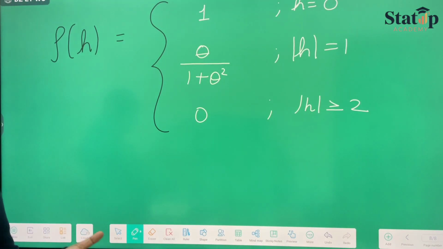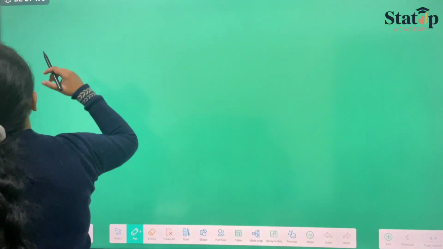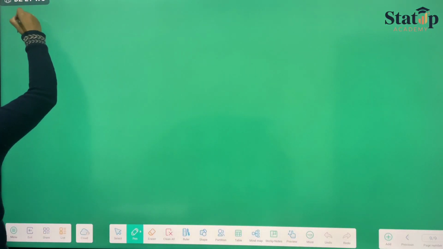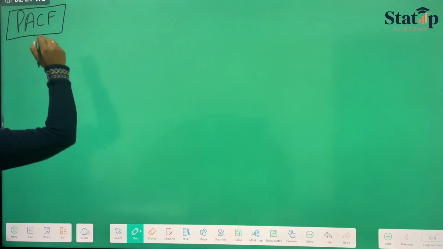Now partial autocorrelation function, PACF.